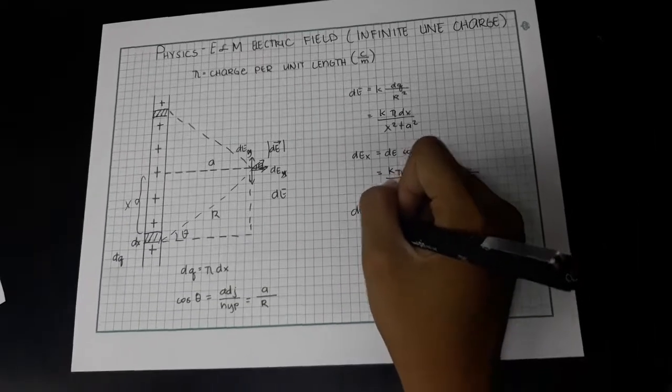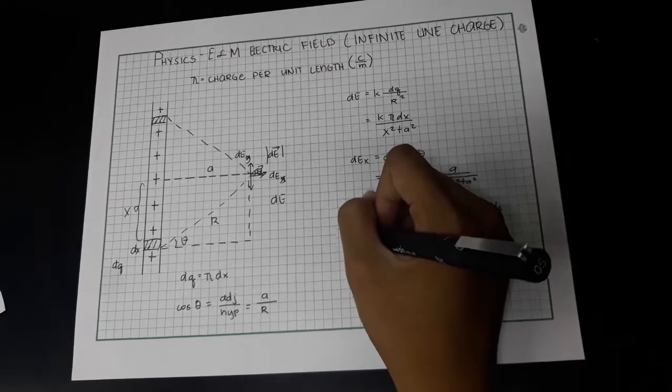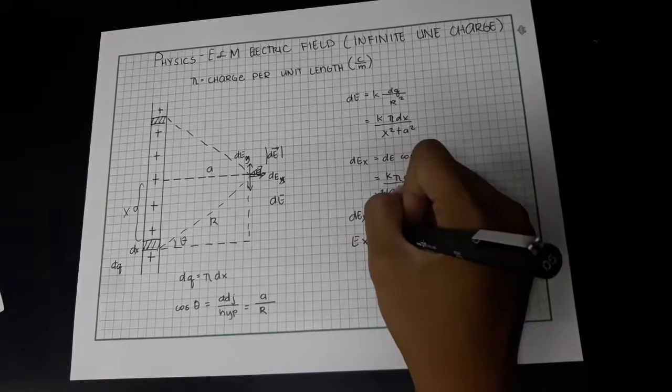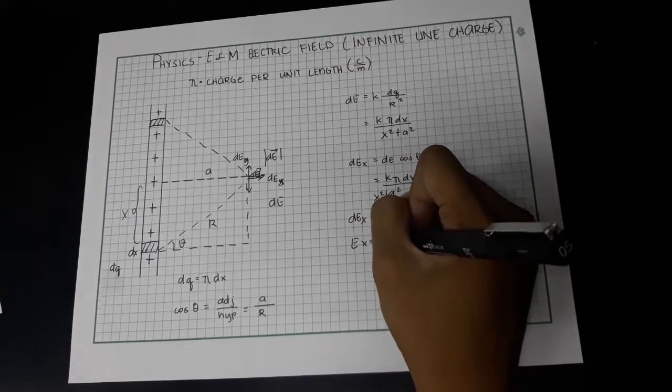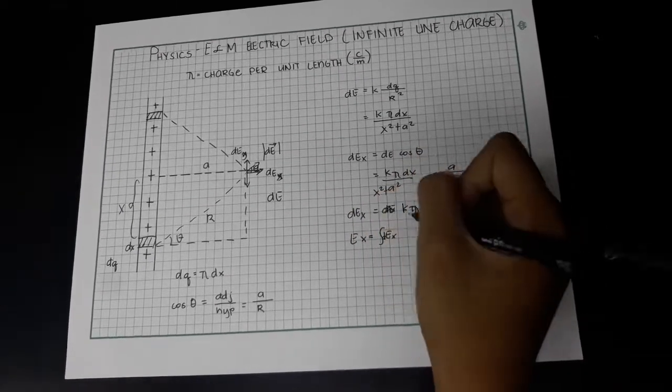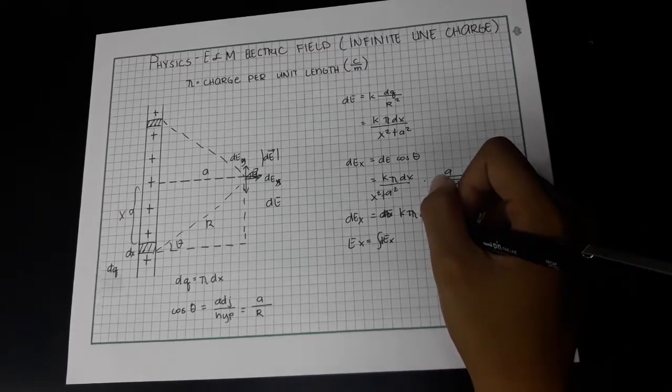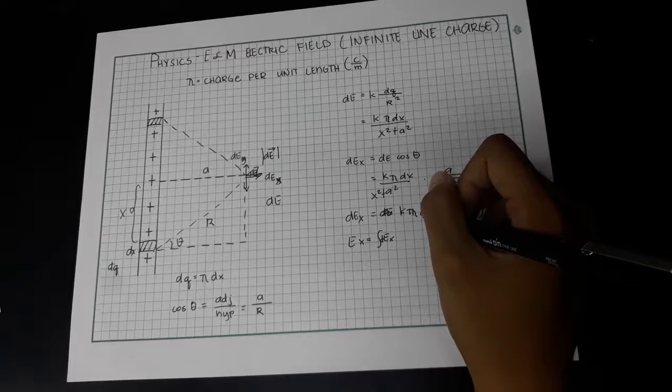We have the x component of the electric field of our infinite line segment, and to find the total of dE x, we simply add all these up.